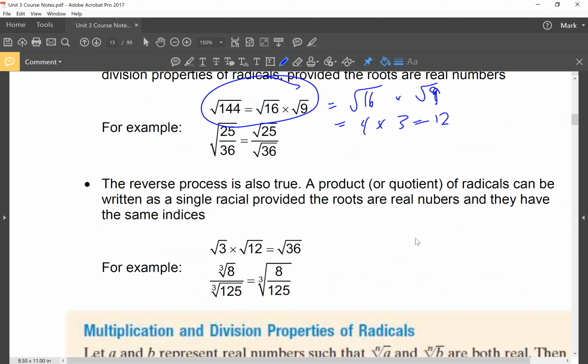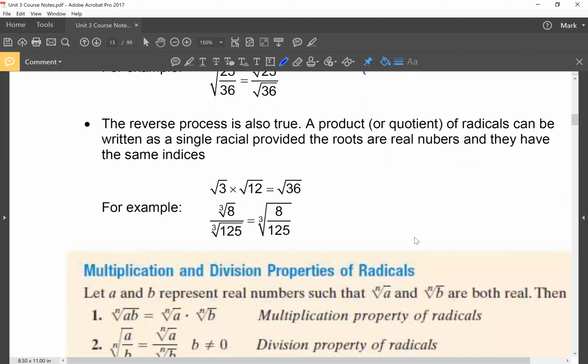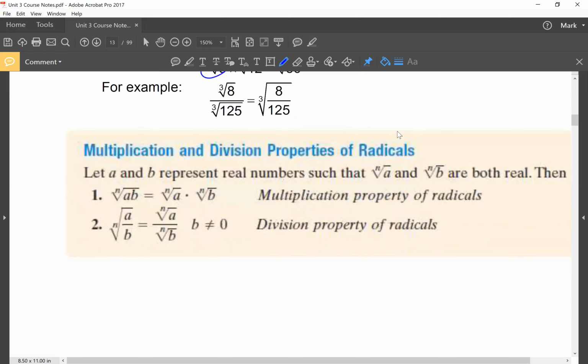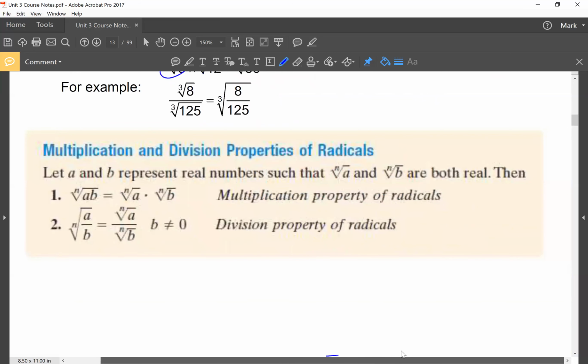The reverse of the property is also true. So the square root of 3 times the square root of 12 would be equal to the square root of 36. We'll look at these calculations in a minute. And you can see the rule right here. It says let A and B represent real numbers. The square root of A and B are therefore both real. So we get two properties here.